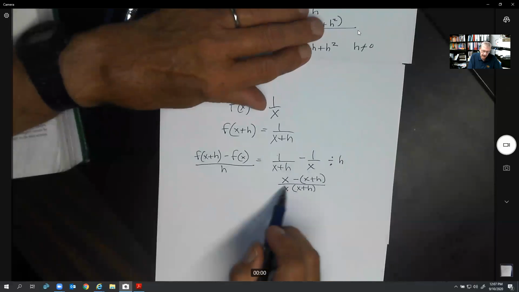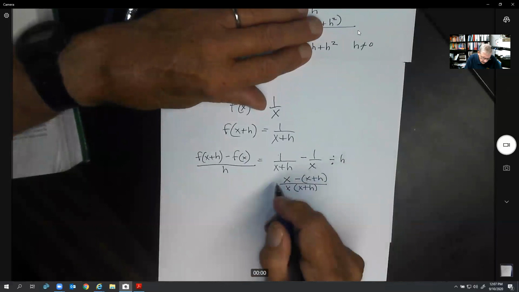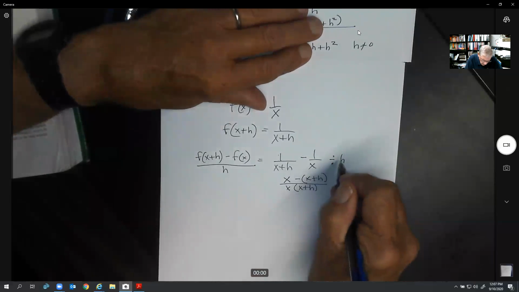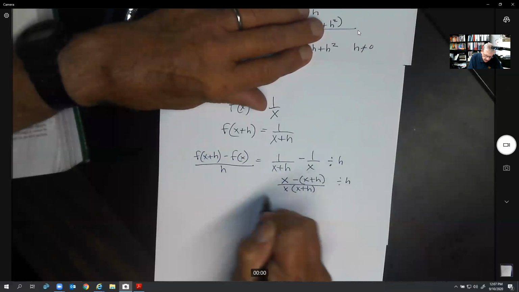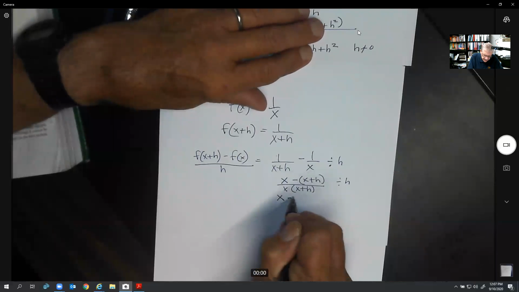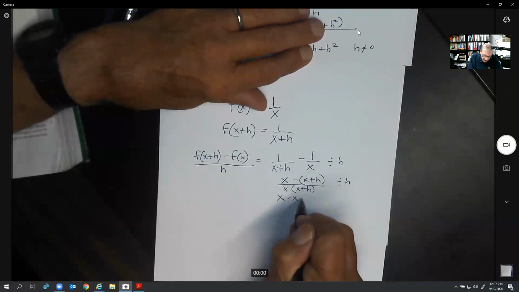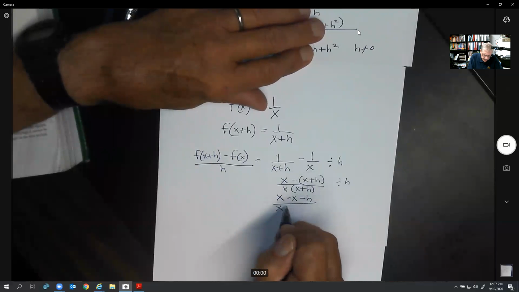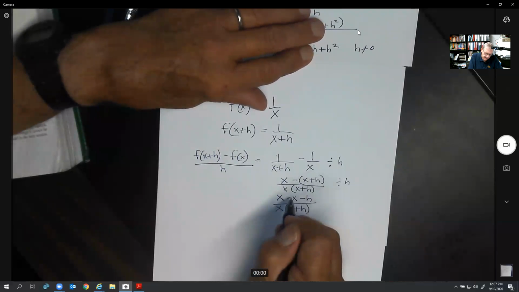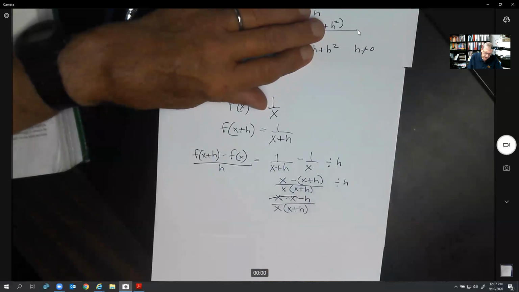Okay, now we've got it. We're going to distribute that, and this is divided by h. So if I distribute it, x minus x minus h over, I'm not going to multiply this out because I'm going to see what happens. Okay, these x's cancel out. See how that is? And then we're going to divide this by h.